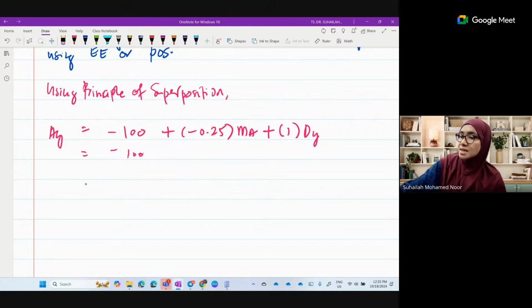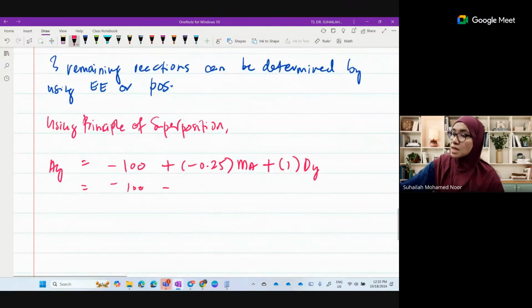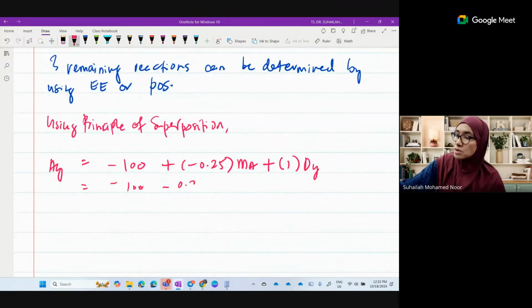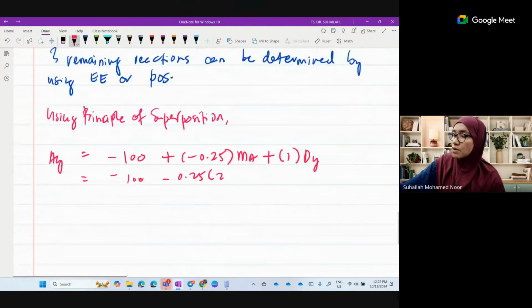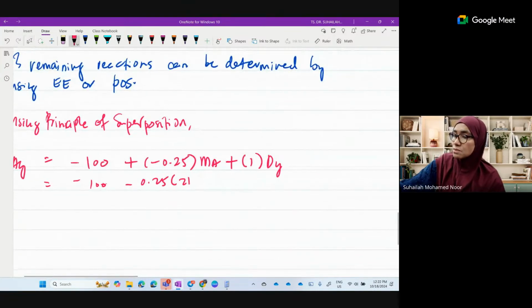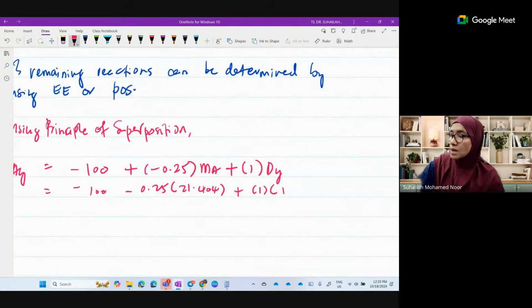Okay, yang ni akan jadi negatif, dia jawapan tadi positif kan. So ini ditolak 0.25 times 21.404, so yang ni plus 1 times 114.286 kan.